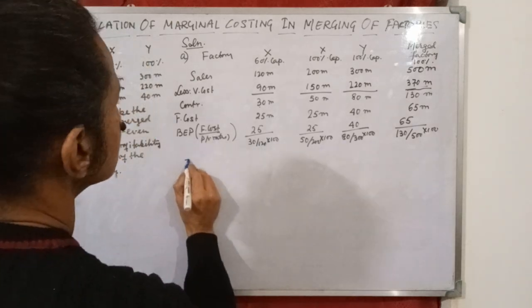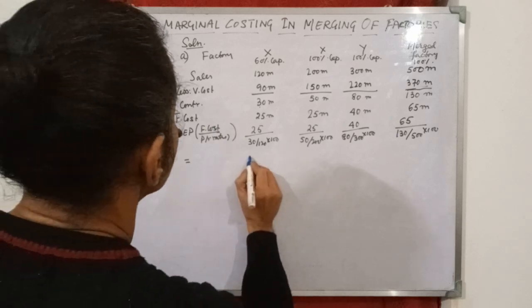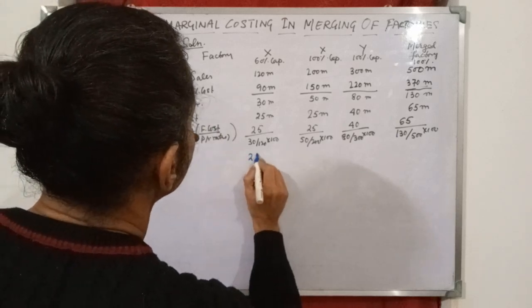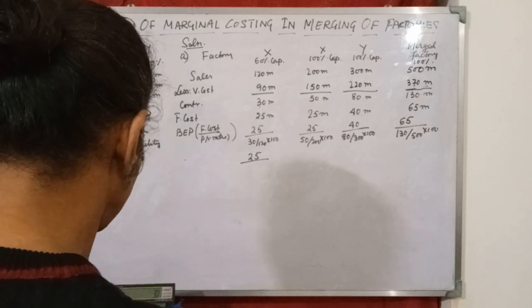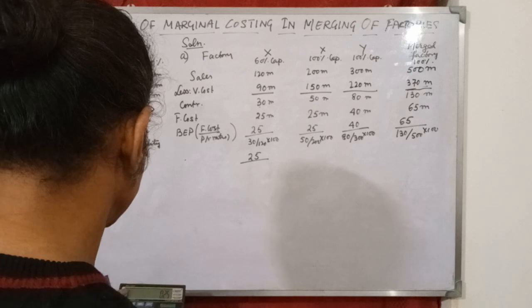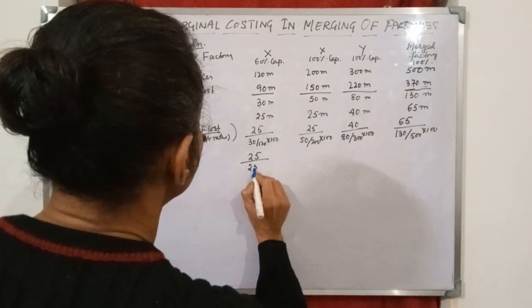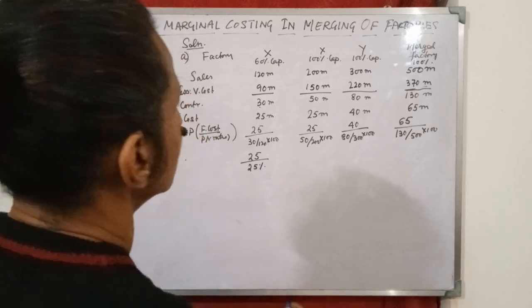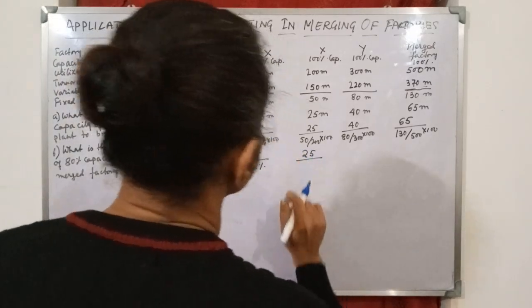So we get 25 divided by 30 over 120, that is 25%. Here we get 25%.